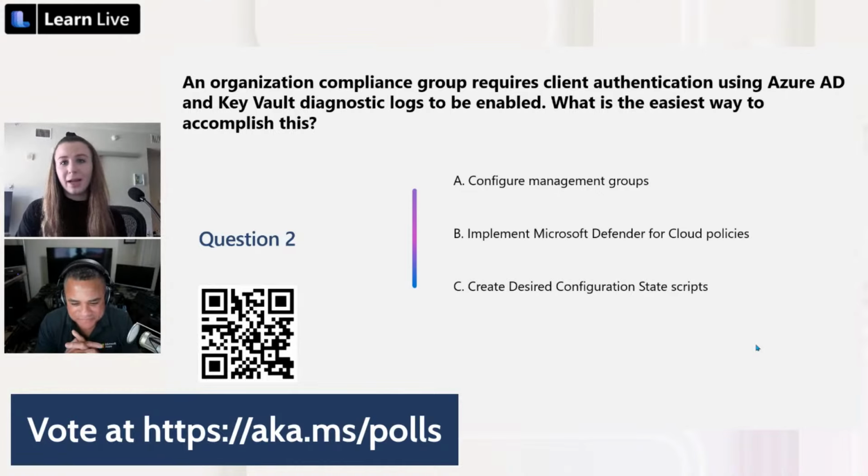Well, I know management groups isn't right for sure because management groups are used to organize different sorts of subscriptions in Azure in general. So I don't think that's going to be the right answer. C, desired configuration state scripts.